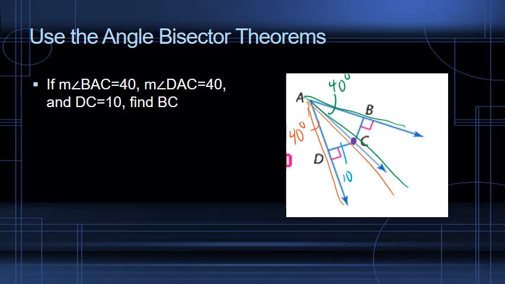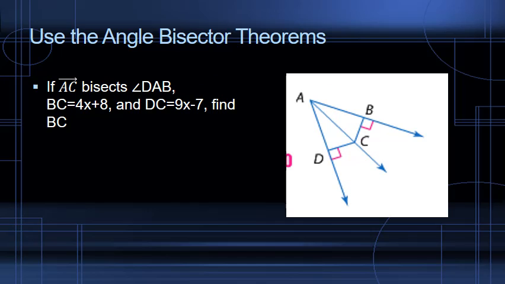Then it is equidistant from the sides of the angle. And so therefore, since point C is on the angle bisector and DC is equal to 10, then BC must also be equal to 10 based upon the angle bisector theorem. Pretty cool, pretty cool. Now we'll do a little bit of calculation on the next slide.